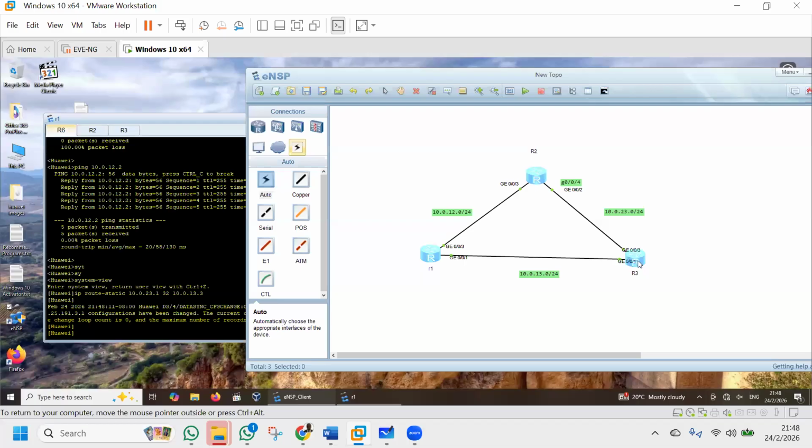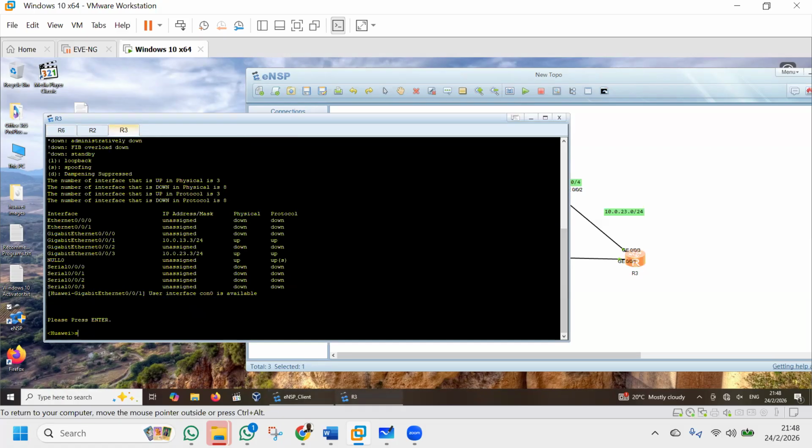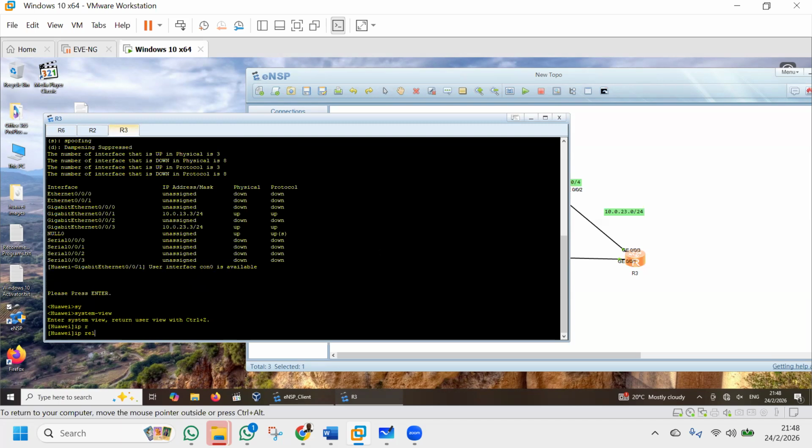Okay, so let's advertise from this one. System view, IP route, static.